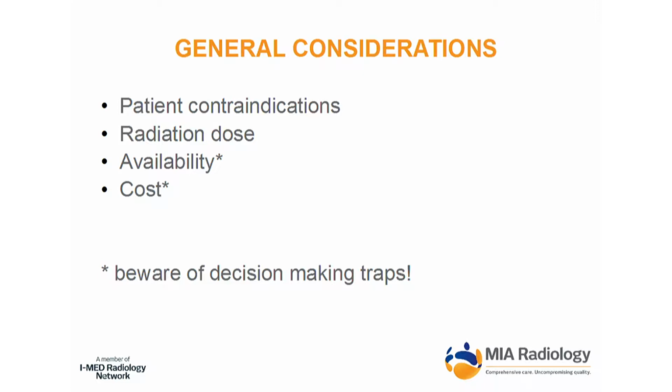Availability and cost, very important and very frequently considered issues, but these two things in particular I'm going to address because they can cause decision-making traps, and we don't want to fall in traps with our decision-making process in terms of what we choose to order.